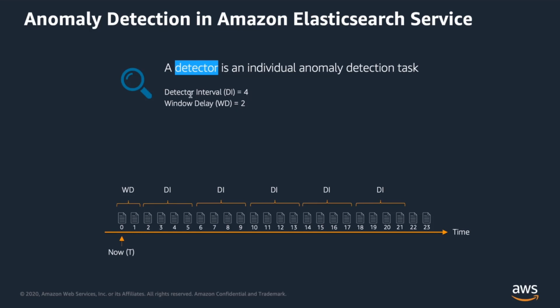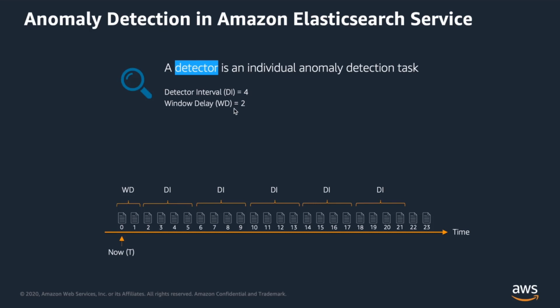The second thing is the detector interval. The detector interval is the amount of time that the detector accumulates all the data points for, and then runs an aggregation on top of that data to produce a single aggregate score, or a single aggregate value.